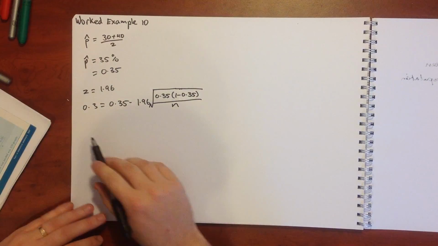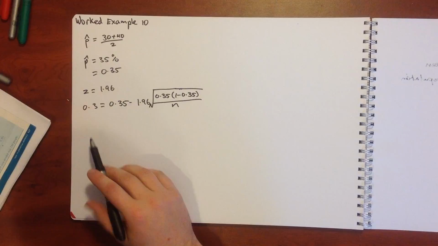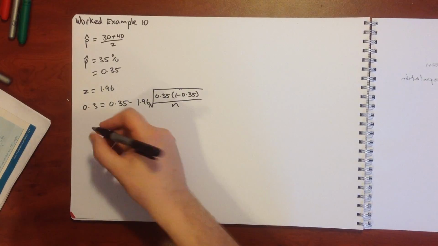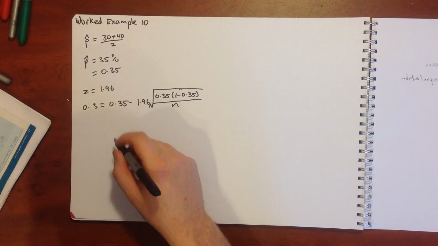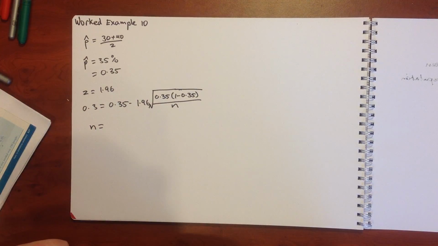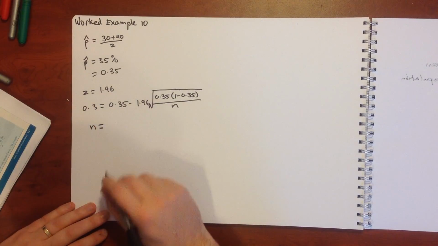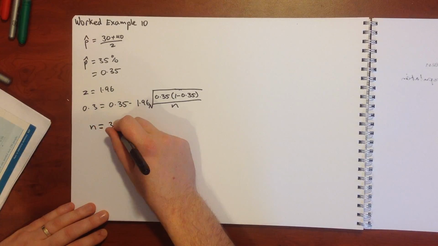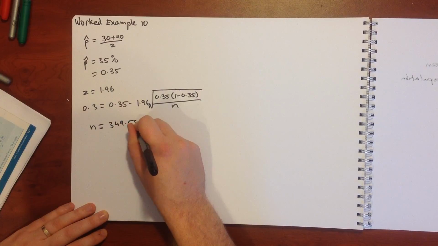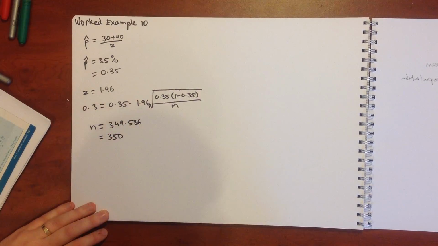When we start to solve this, it's going to give us an n value. It's just a little bit of calculator work here to find our n, and it's 349.586. Okay, so we need 350 people.